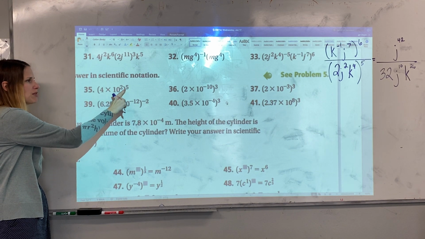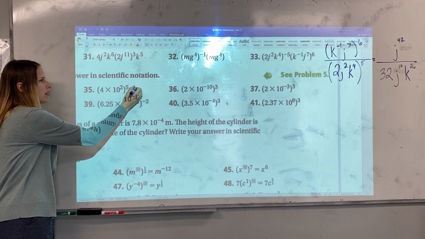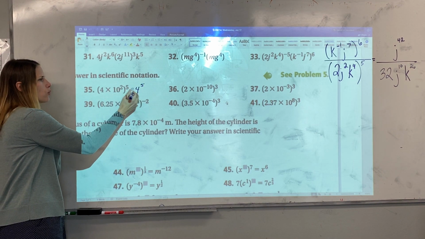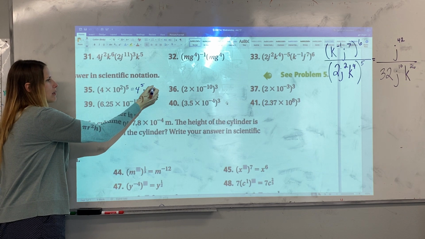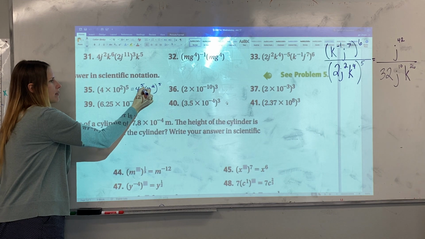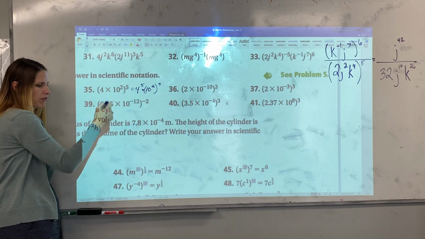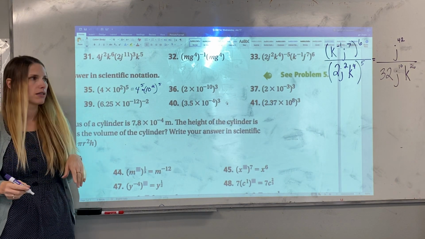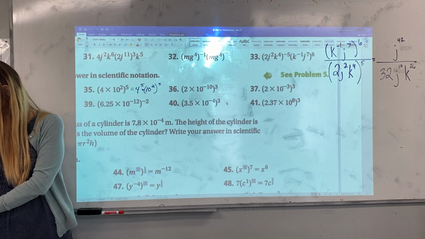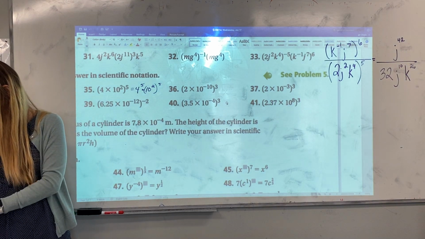So the 4 is being raised to the 5th power, and the 10 squared is being raised to the 5th power. So what's 4 to the 5th power? Do it on your calculator. It's 1,024. Thank you.